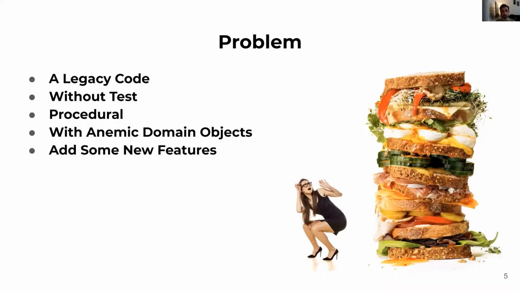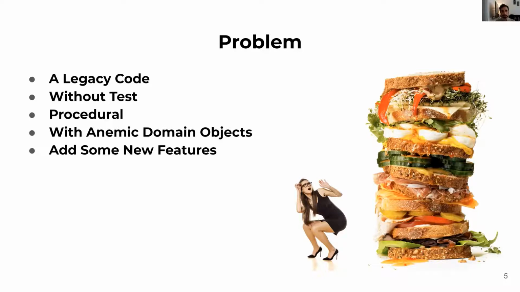The code is most of the time written in a procedural style, so we have many lines of code that are executed one after the other with anemic domain objects. These objects have just some fields, getters and setters, and no behavior. So they are anemic objects. They are data transfer objects. They are not domain objects.